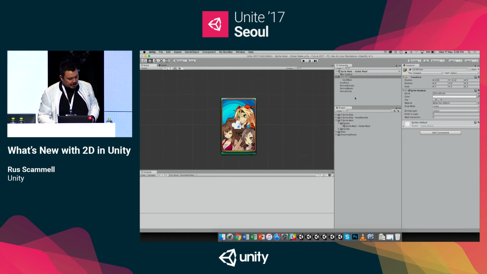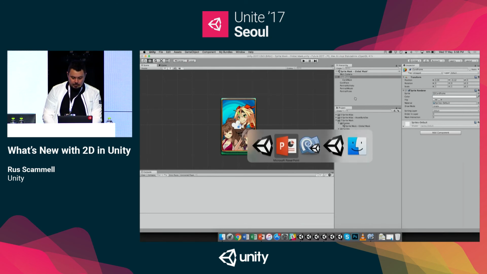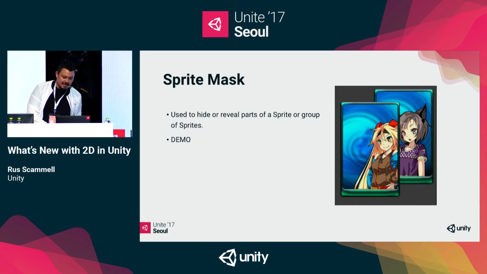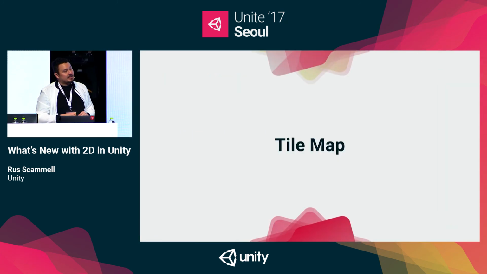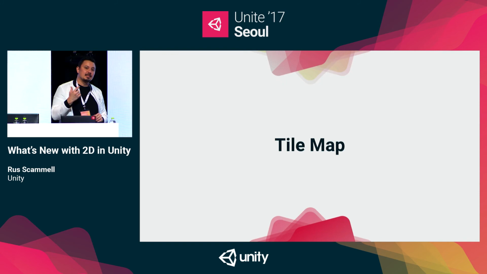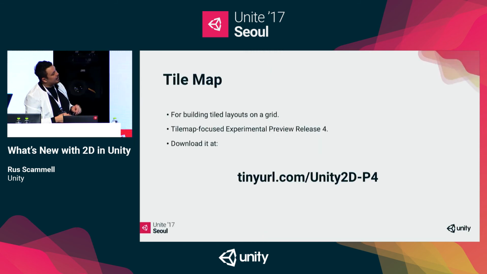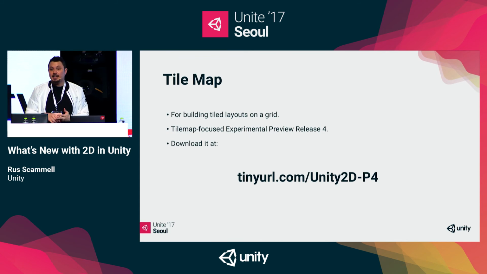Now, finally, I want to talk about, oh no, not finally yet. Second last. So tile map. Tile map is another feature that you'll be seeing very soon, coming out from the 2D team. Now, the tile map is a way for you to build tile-based games, right, on a grid. And we have just released an experimental preview release 4.